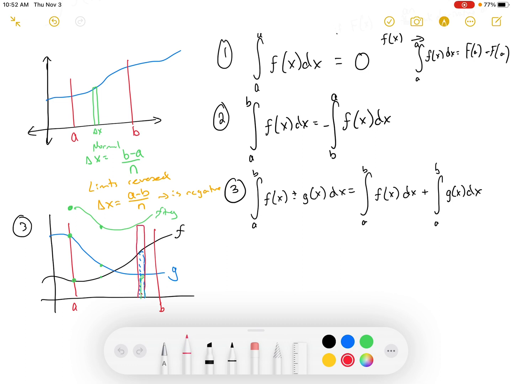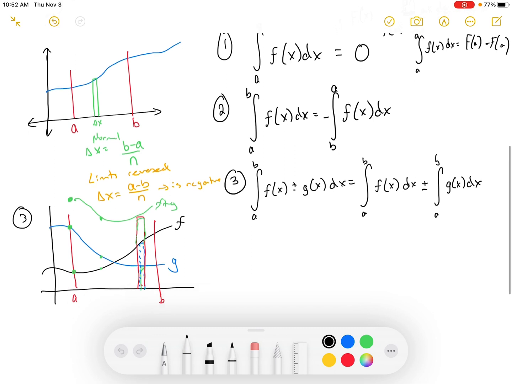You can envision the green guy being moved on top of the blue guy and stacked. I should add, sorry, there's a plus or minus here. We can subtract also. That's fairly obvious. Okay, so that's rule number 3.